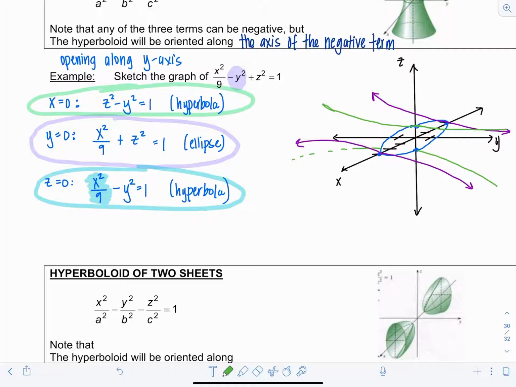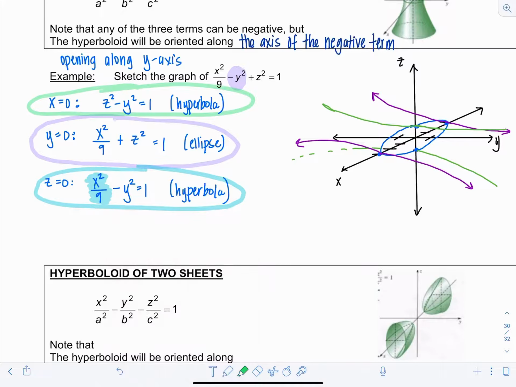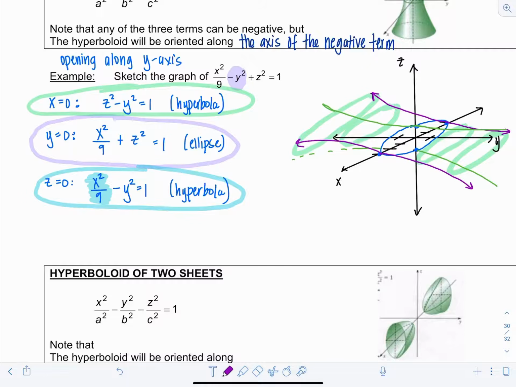Okay. Now you can kind of start adding more traces if you like. You can let y vary and you're going to get more ellipses. What do I mean by that? So if you let y vary, then you're going to get another ellipse here, another one here, so on and so forth. Okay, and this one's pretty rough to draw, so don't sweat it.